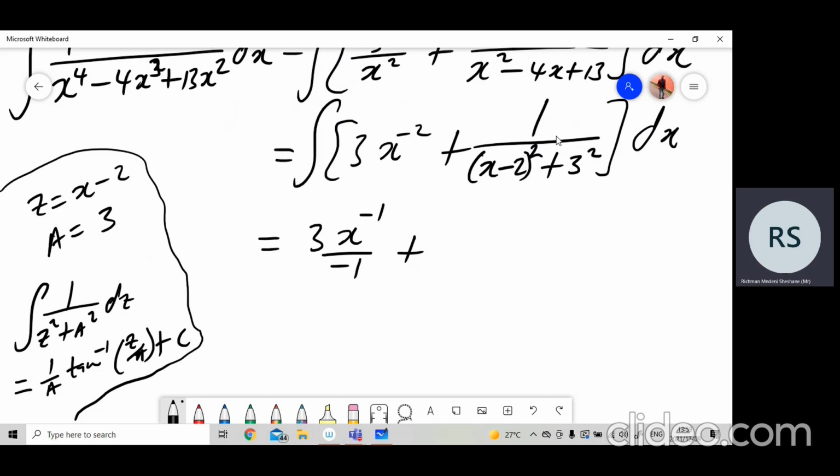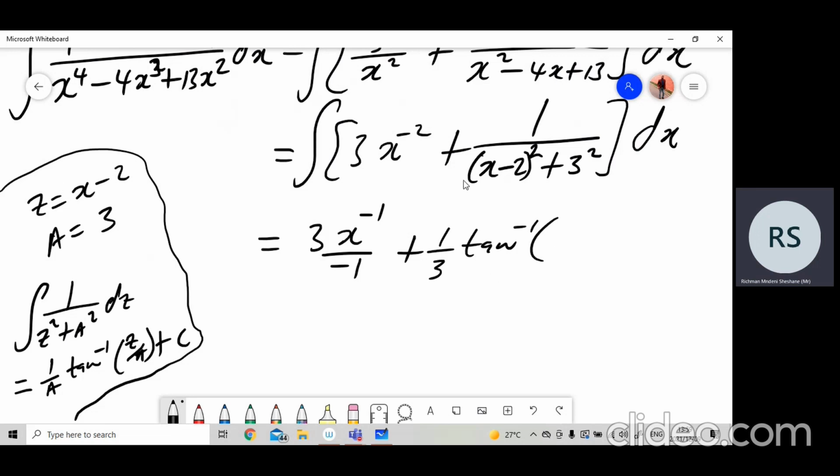So now you'll be able to integrate this after you choose your z and a, and then you'll see which formula you're going to use. So the integral of this form, 1 over z squared plus a squared, is 1 over a, and you set your a to 3, substitute into this formula, and then tan inverse of z.